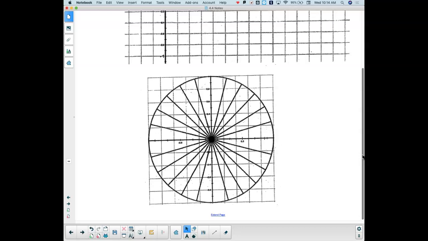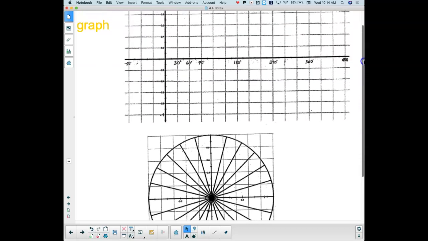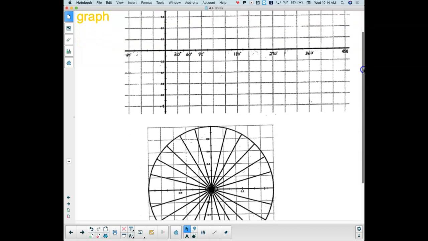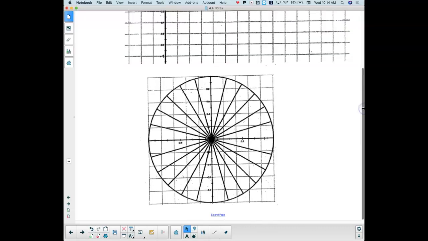So one radius, or the unit, is 1, 2, 3, 4, 5 squares. So that's why up above, you've got a 5 square up and a 5 square down graph. Okay? So that's our unit. Now, sine is what on the unit circle?